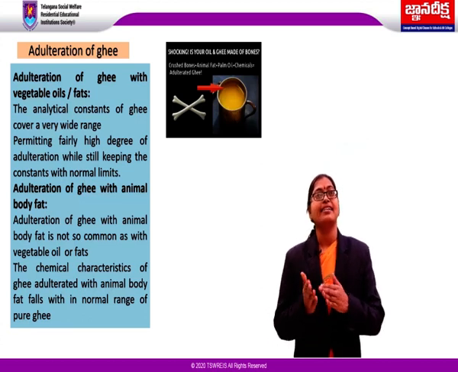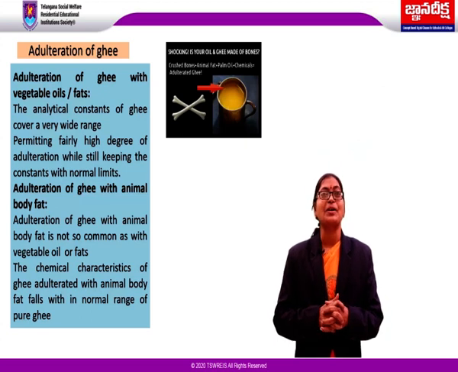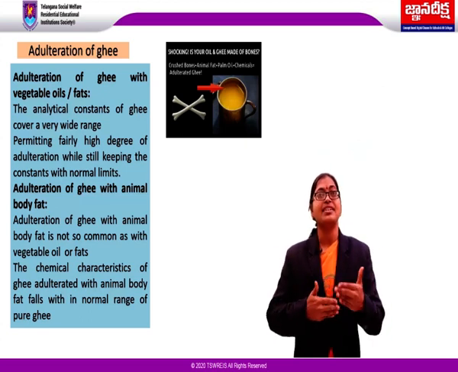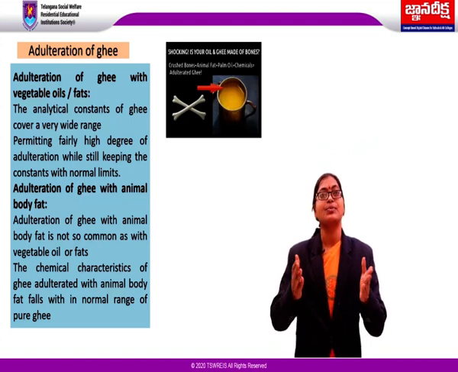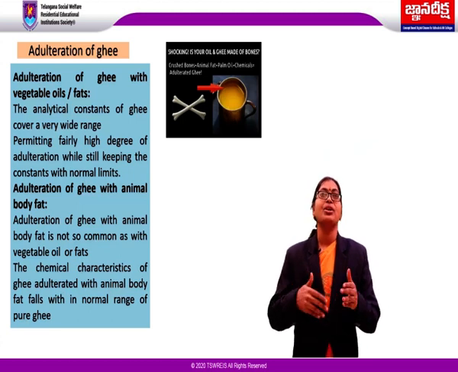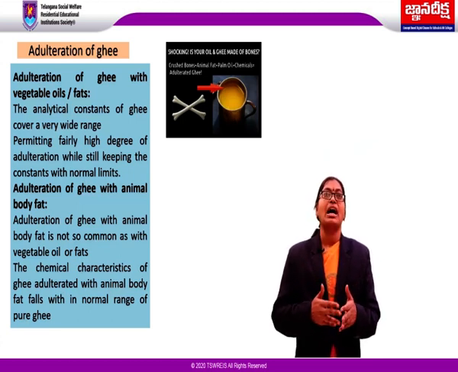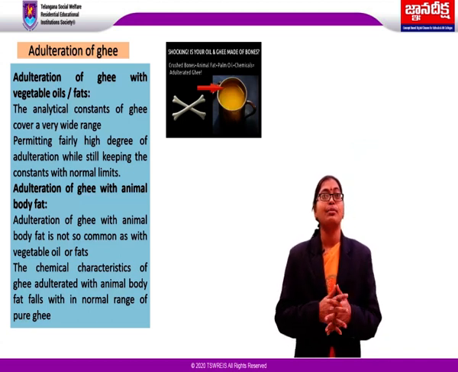The analytical constants of ghee cover a very wide range, permitting fairly high degrees of adulteration while still keeping the contents within normal limits. Now children, we are going to see another type of adulteration, the adulteration of ghee with animal body fat.